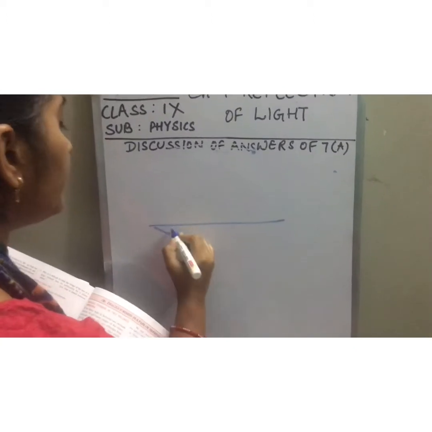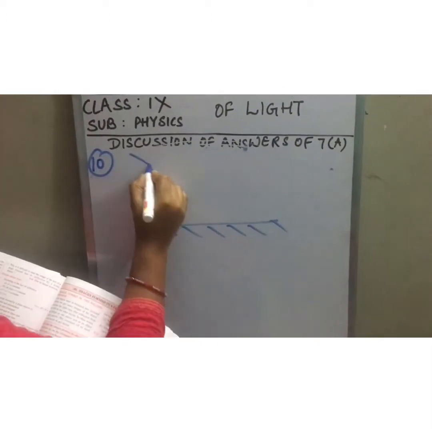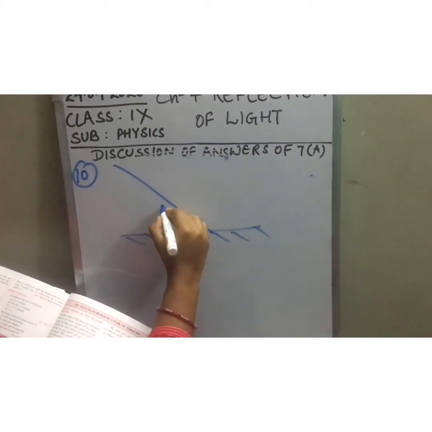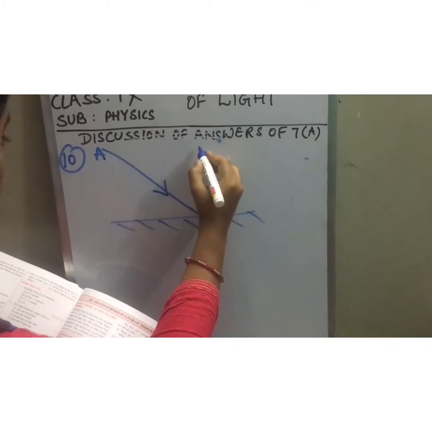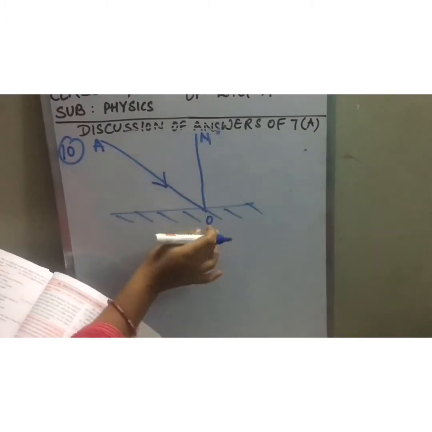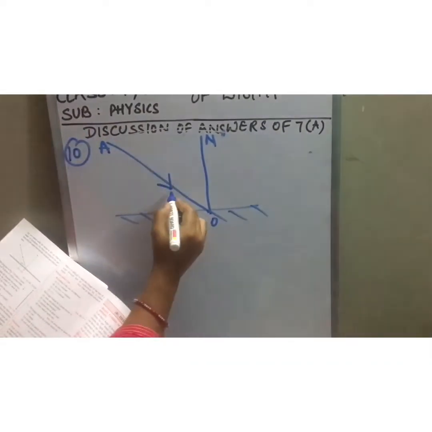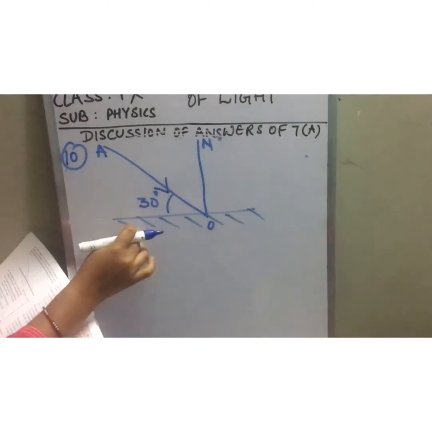This is the plane mirror. ON is the normal, AO is the incident ray. The incident ray makes an angle of 30 degrees with the mirror.